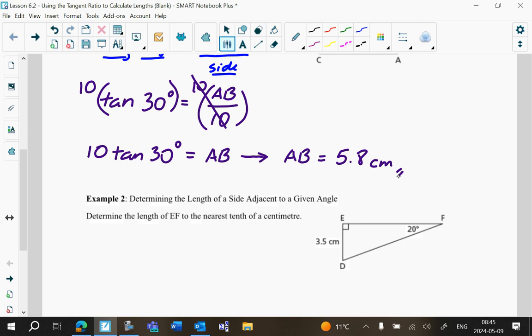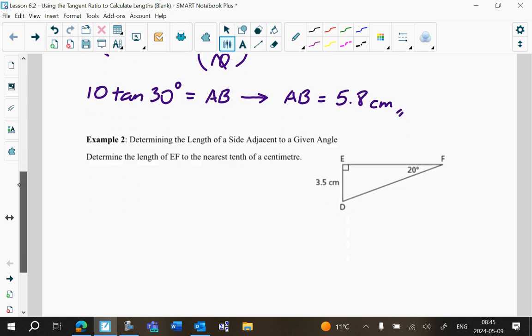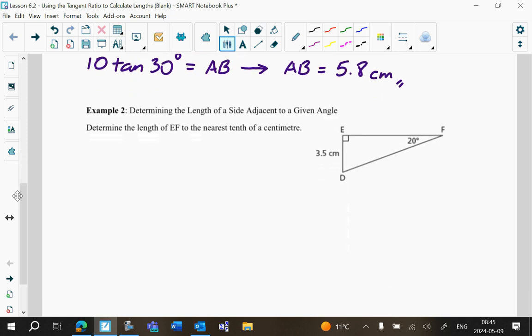The next example, what happens if the unknown's on the bottom? So in this one, we're given the acute angle 20 degrees, we're given this side, and we are asked to find this side. So I'm going to set up my trig equation.